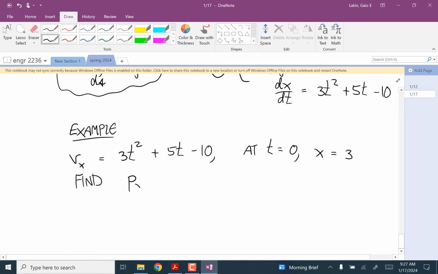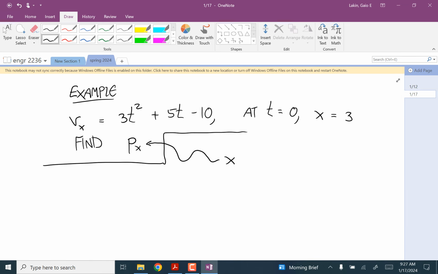So find the x component of the position. This a lot of times will also just be given as x. Okay, so what this says is the definition of the x component of velocity is the time derivative of the x position, okay? And that's equal to 3t squared plus 5t minus 10.